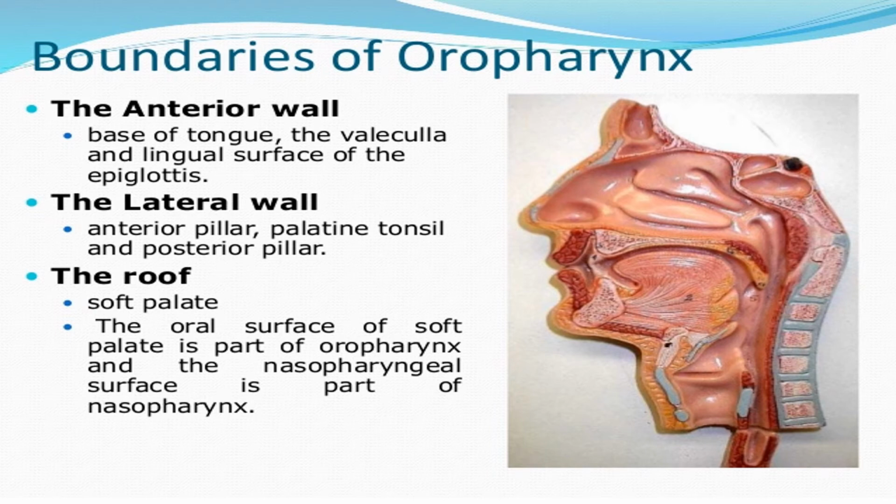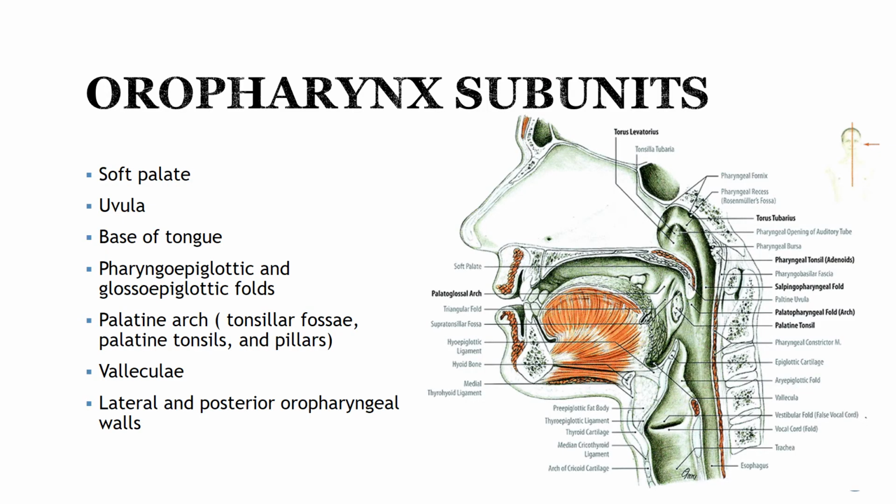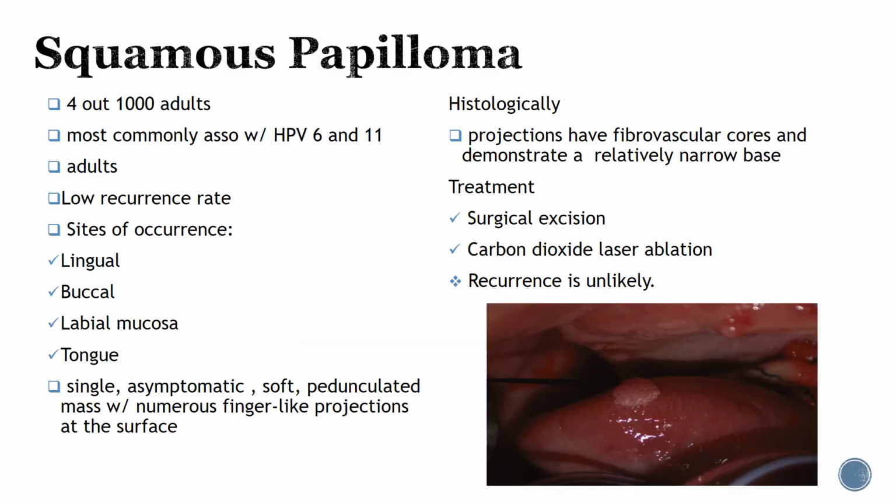The oral surface of the soft palate is part of the oropharynx, and the nasopharyngeal surface is part of the nasopharynx. So these are the different oropharyngeal subunits: the soft palate, uvula, base of tongue, pharyngoepiglottic and glossoepiglottic folds, palatine arch, vallecula, and the lateral and posterior walls.